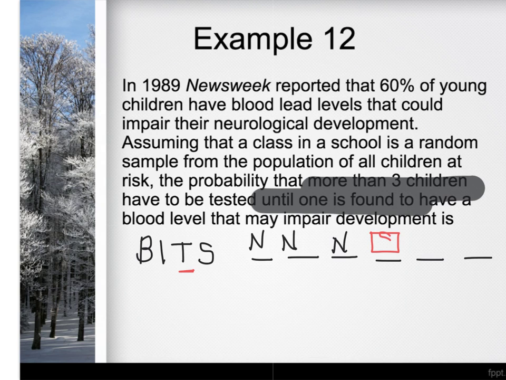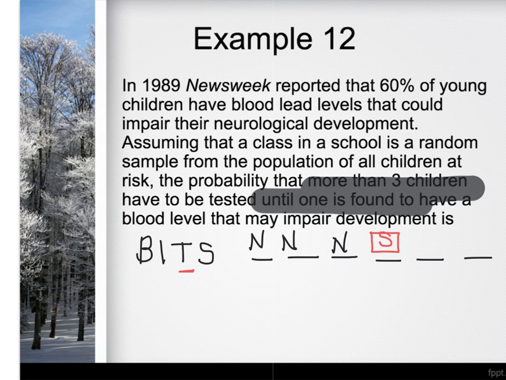Okay, so we finally want a success on the 4th child. Well, with the geometric setting, we have to factor in that if we didn't succeed until the 4th trial, that means that we succeeded on the 4th, but we did not succeed on the 1st or the 2nd or the 3rd.